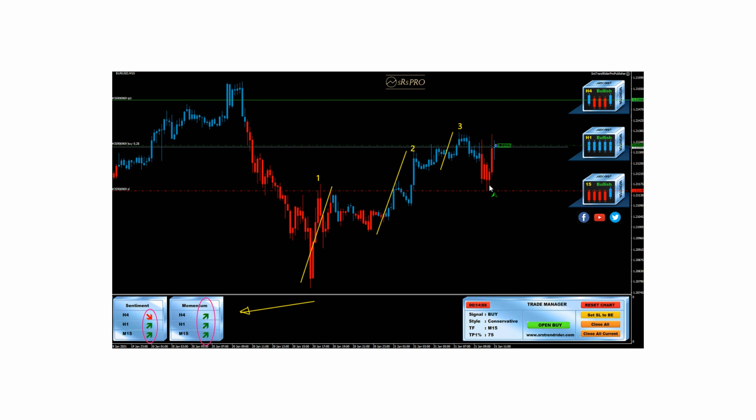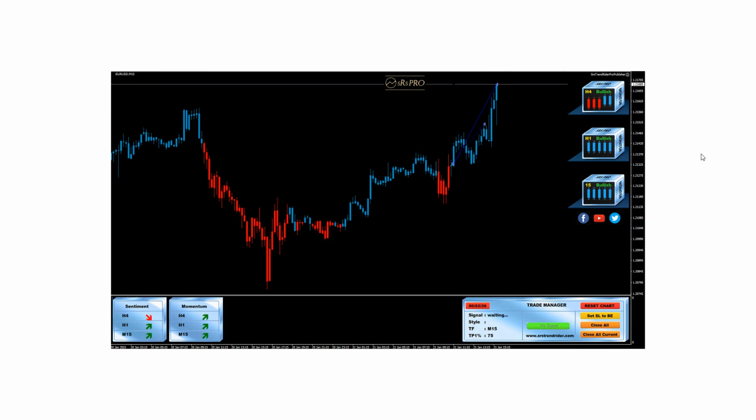Afterwards, we have a correction to the downside, which provides us with the break of this falling resistance line, as you can see, where all the SRS candles line up again in the bullish direction. It provides us a chance to take a shot in the bullish direction. And when we do that, what do we get? We get an increased probability to end up as a winner.